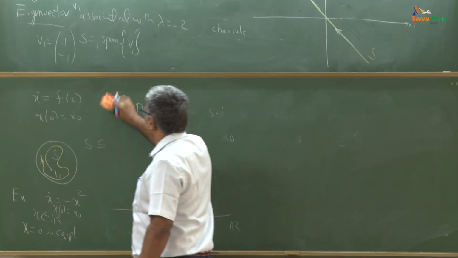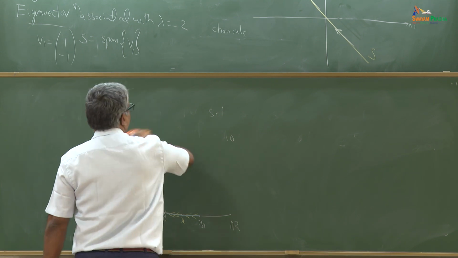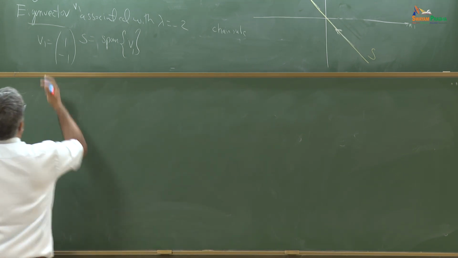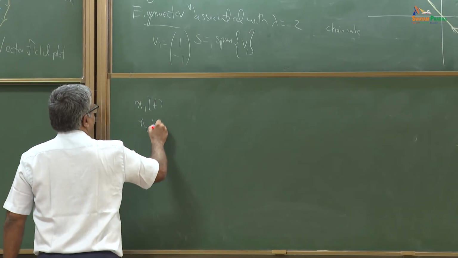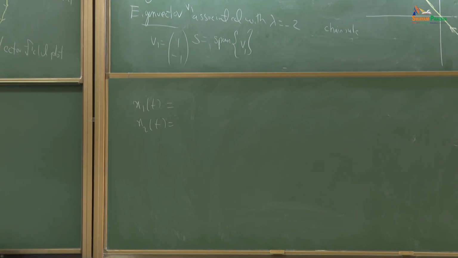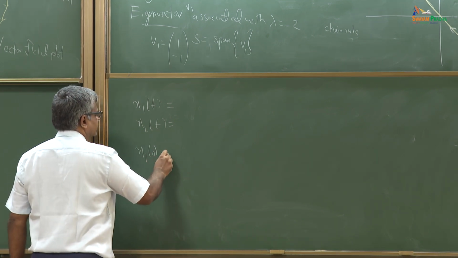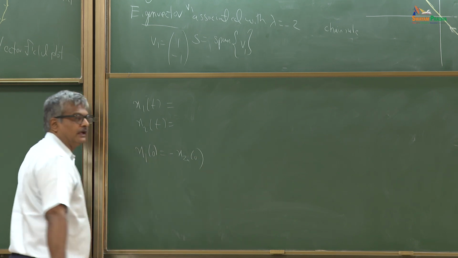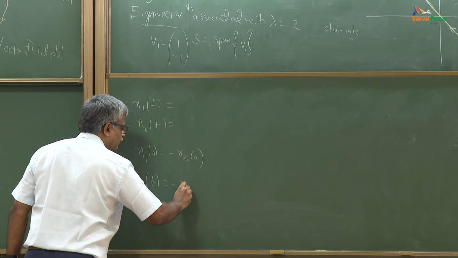We want to show that if you start with an initial condition in S, you will continue to remain in S. So what you have to do is actually solve this differential equation in this case, and then take an initial condition which satisfies this, and then you have to show that x1 of t equals minus x2 of t.